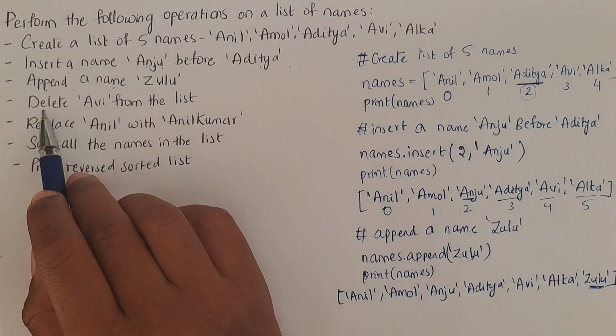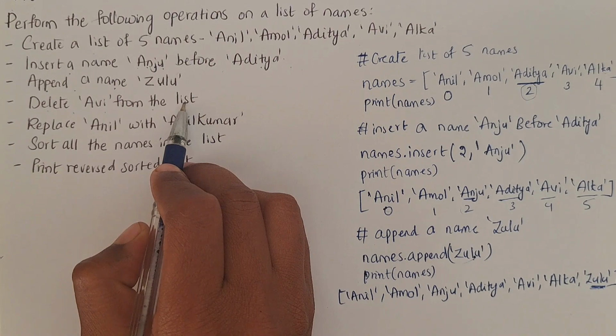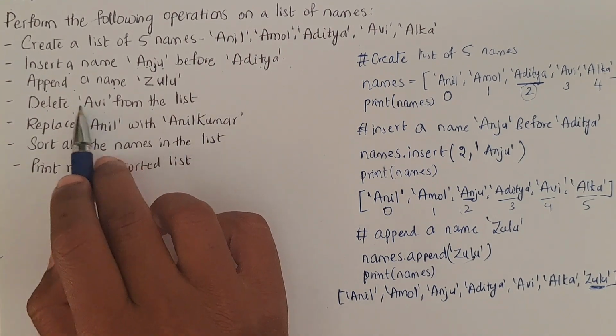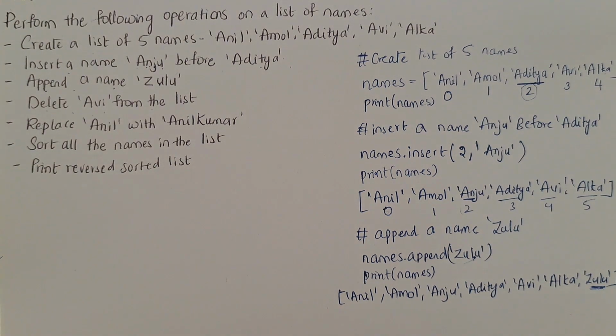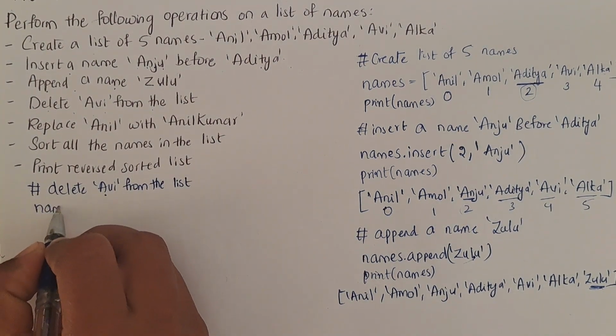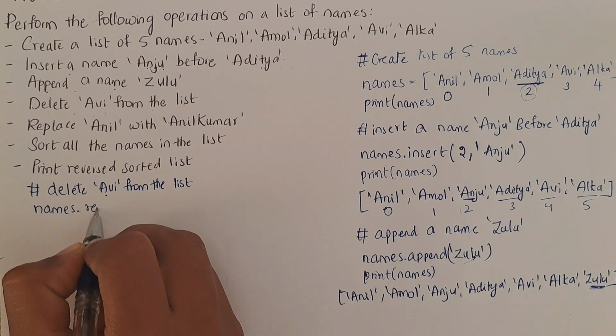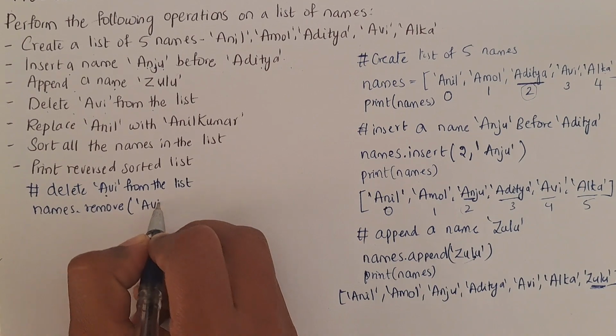Now the next statement is delete Avi from the list. That means you have to remove the item Avi from the list. So how can you write it? To delete Avi from the list, you write names dot remove with the string Avi.